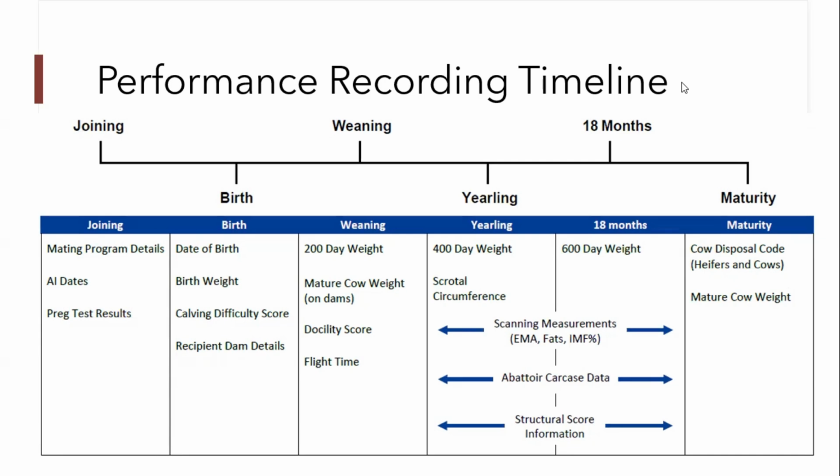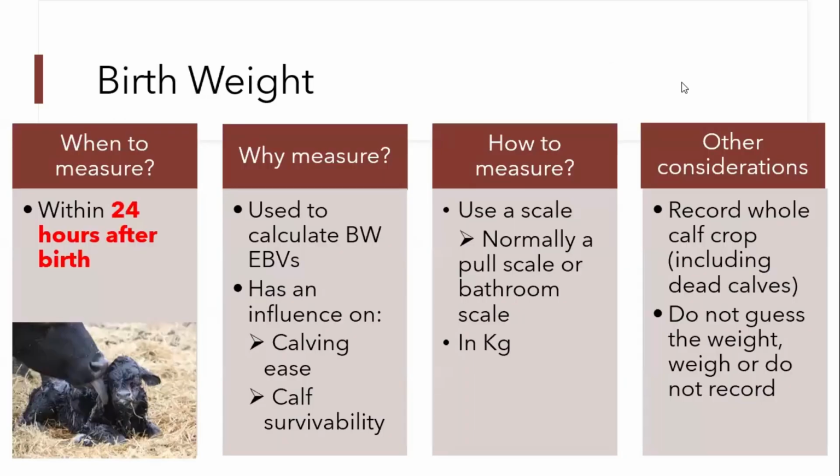So you have your joining information, your mating information, and your traits that you record at birth, at weaning, at yearling, at final weight or 18 months of age, and then at maturity. We are going to look at most of these traits and see how we record them, when we record them, and what we need to keep in mind when we do the performance recording.